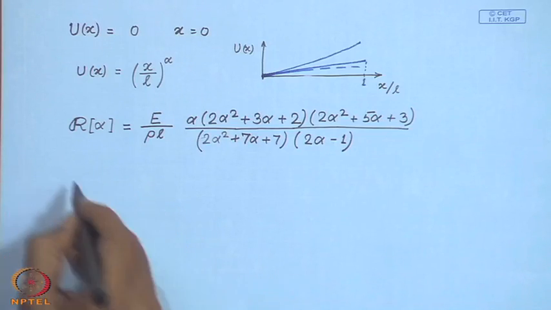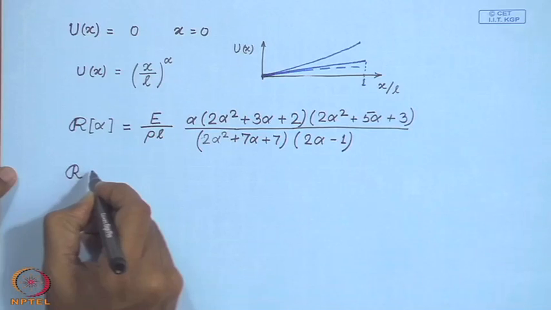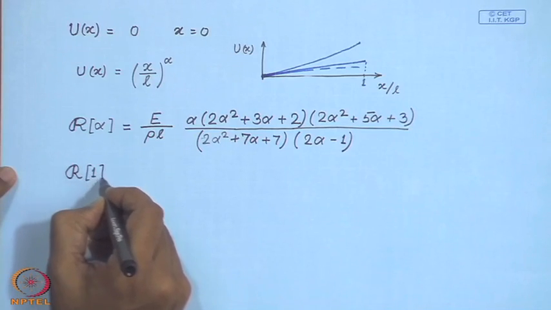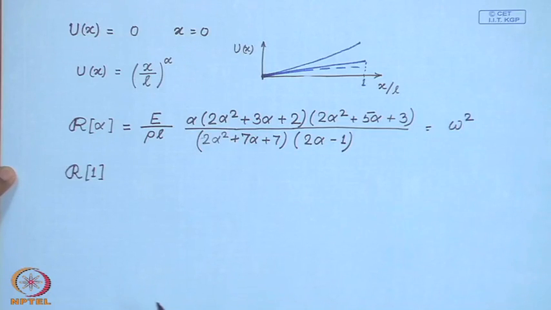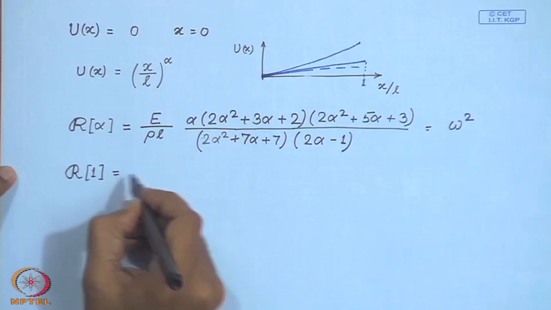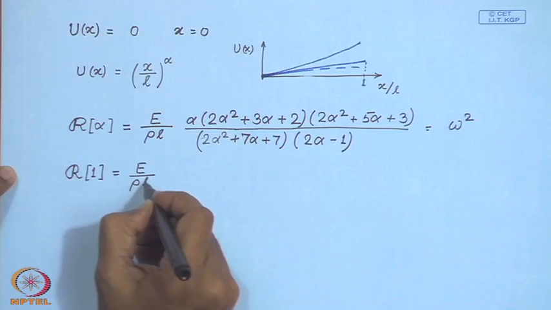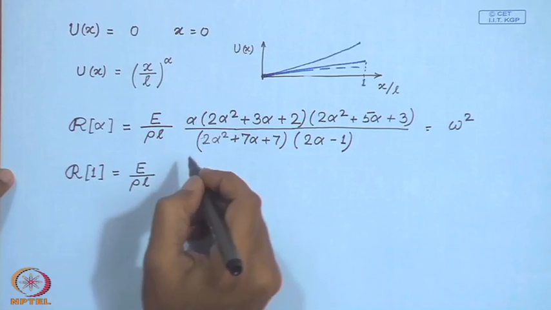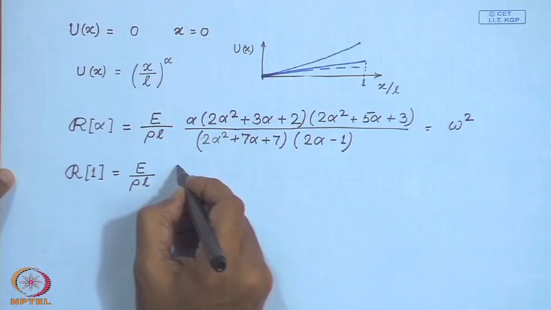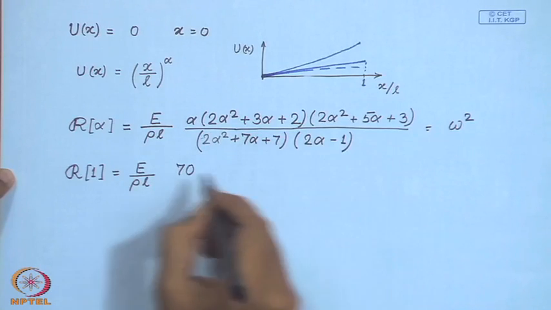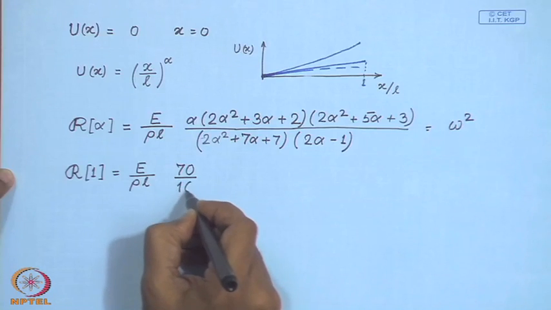So, let us see what happens if alpha is 1, and this remember is omega square. So, this turns out to be 70 over 16.